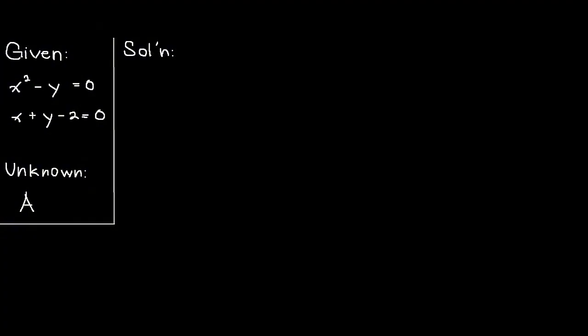And since I don't want to deal with squares and square root, and nakikita ko rin na negative yung y, and ayoko rin mag-deal. Okay lang naman na mag-deal ng negative values. But in this case, we can simplify this to y equals x squared. So what I did is, tinranspose ko lang yung negative y, binalik ko sa kabila para meron akong y equals x squared.